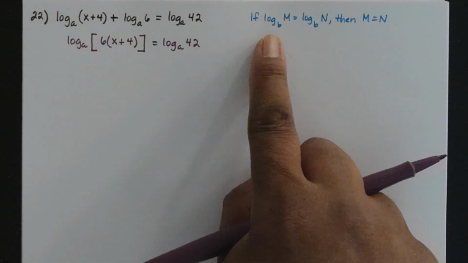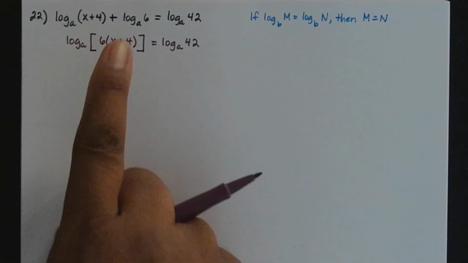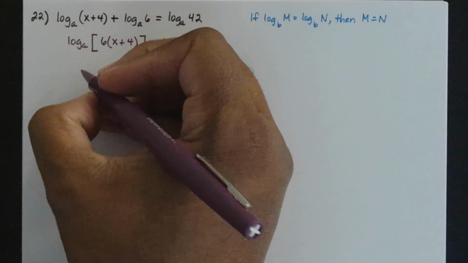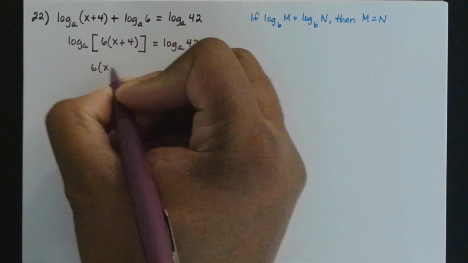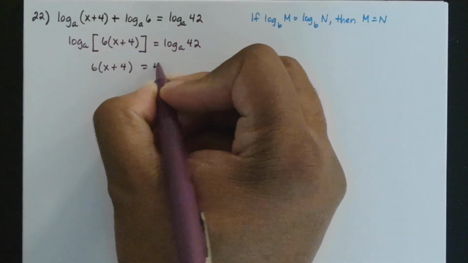So if I have the log to the same base on both sides, I can set each of those arguments equal to each other. So I can set that 6 times the quantity x plus 4 to be equal to the 42.